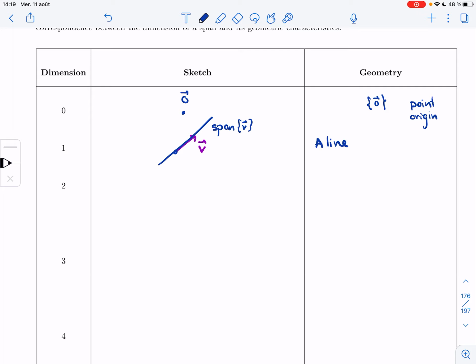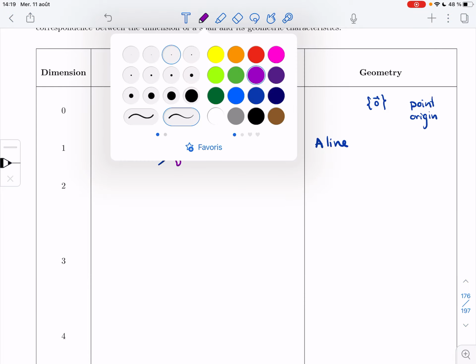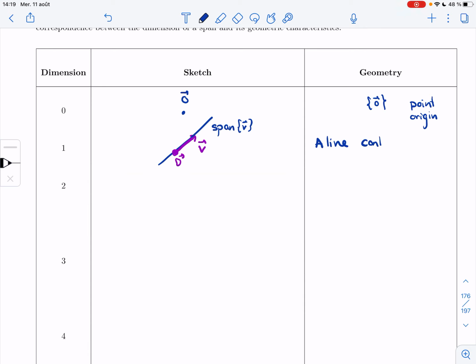And this point that used to be purple that we can barely see now, this is 0. So it's a line containing the origin. It's the same thing that we had in R3 or even in R2, but now it works in Rn.